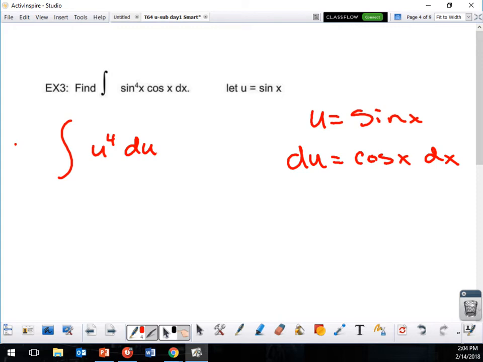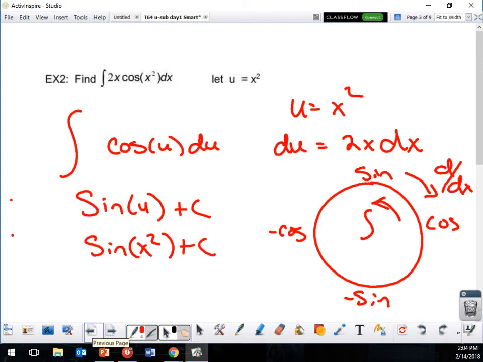Okay, so if I look at the previous one, taking the derivative goes this way. The derivative of sine is going to give me positive cosine. The integration goes the other way. So we're taking the derivative for the u sub.